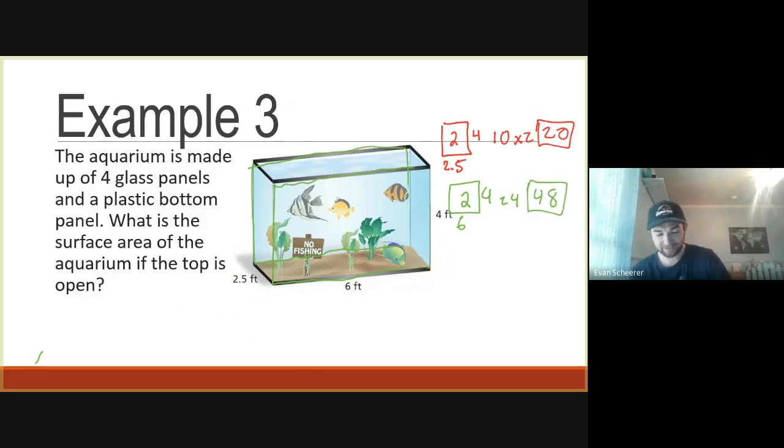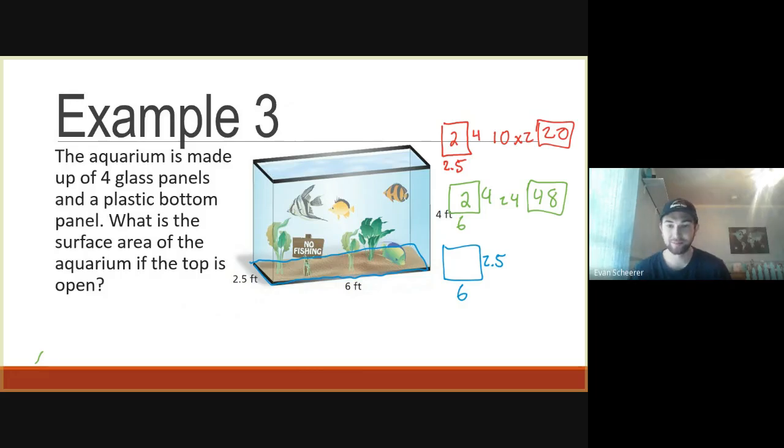And then lastly, we need to do the top and the bottom. But there is no top, right? The top is open. So we only can find the bottom here. So that is going to be a rectangle that's 6 by 2.5.